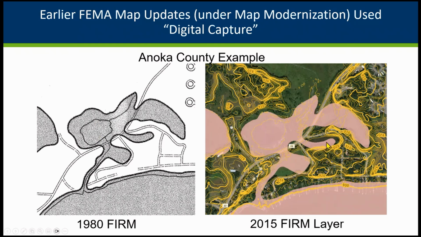Exactly that same shape went into the digital maps. When you lay that over the elevation contours, you can see it's not following the ground elevations. But as we went forward in the mapping process, they started using the LiDAR to draw those boundaries and to do updating of the supporting data.